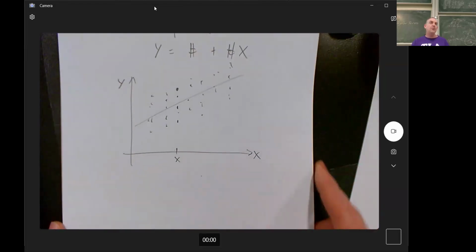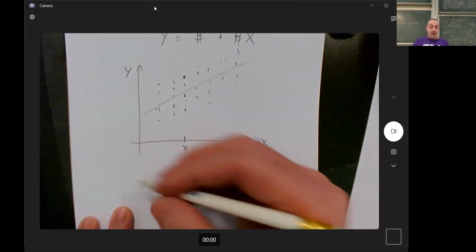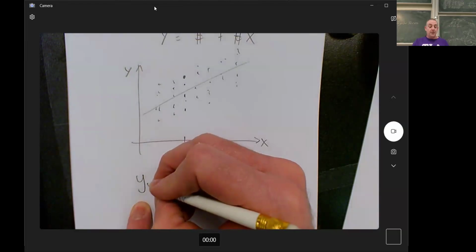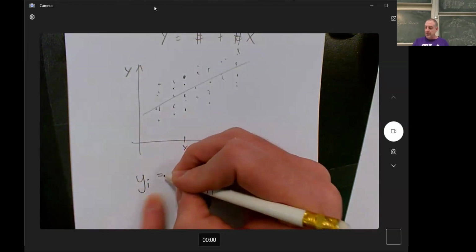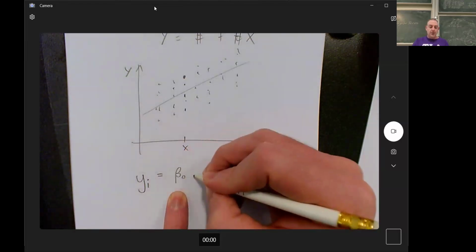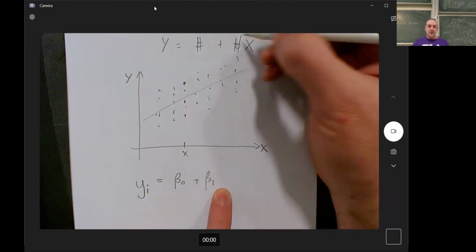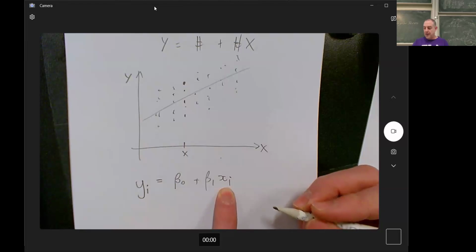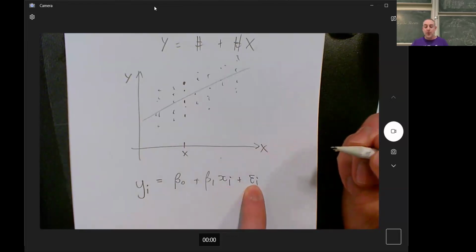And so when a statistician or econometrician writes down this formula, they say the actual value of y at position i in my list is some number beta naught, which is this number here, plus some number beta 1, which is this number here, times the actual value of x at position i in my list, plus a bit, which could be positive, could be negative.